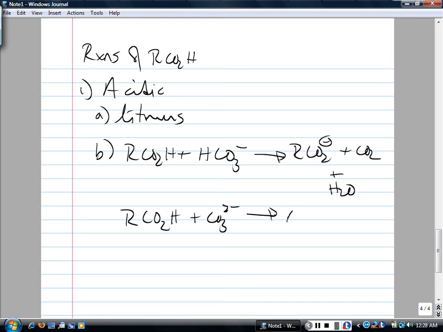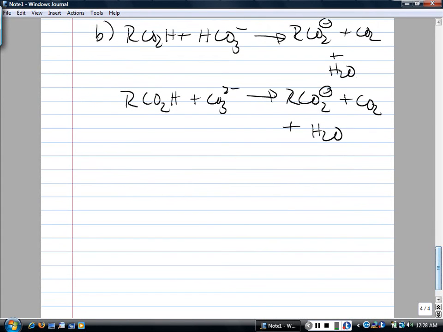And they give rise to the carboxylate, carbon dioxide plus water. It's not a balanced equation, but you can balance it. So you see effervescence with carboxylic acids, and either bicarbonate or with carbonate. They will also liberate hydrogen gas with electropositive metals.